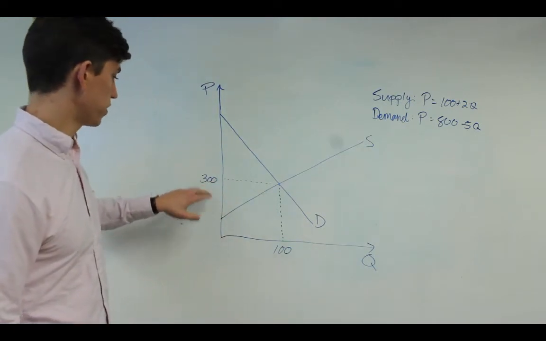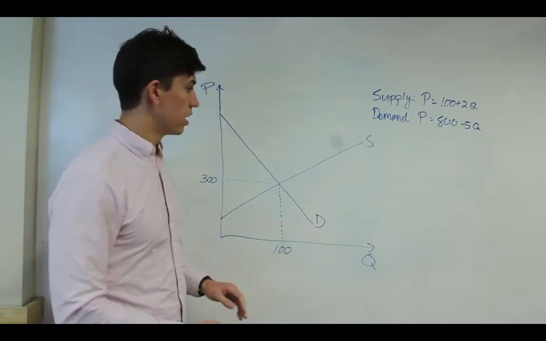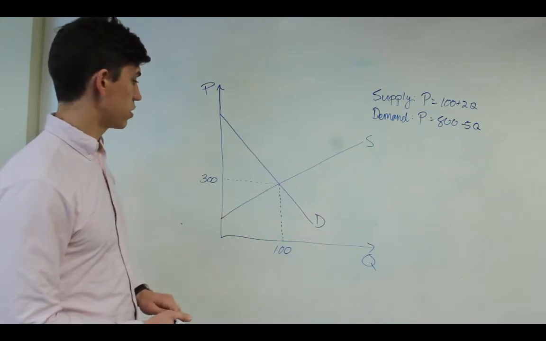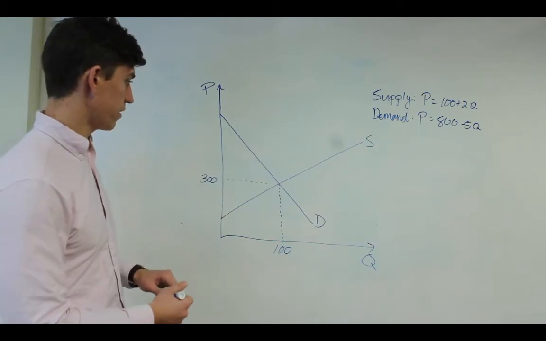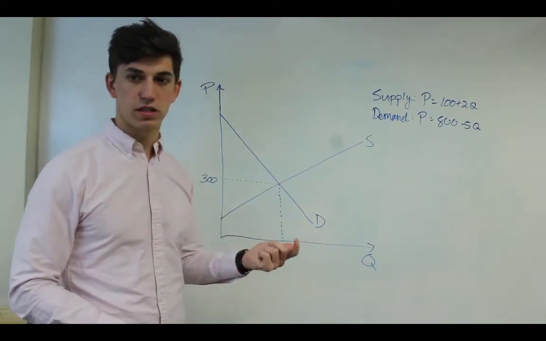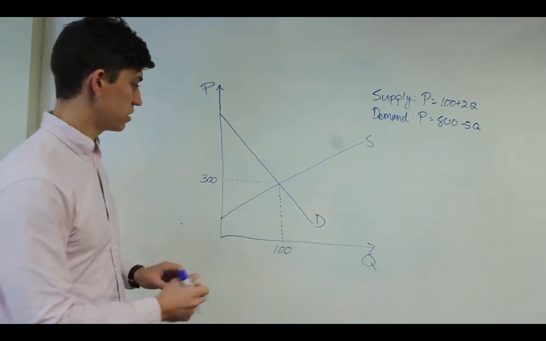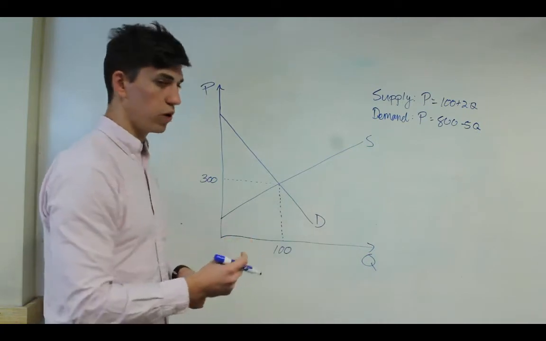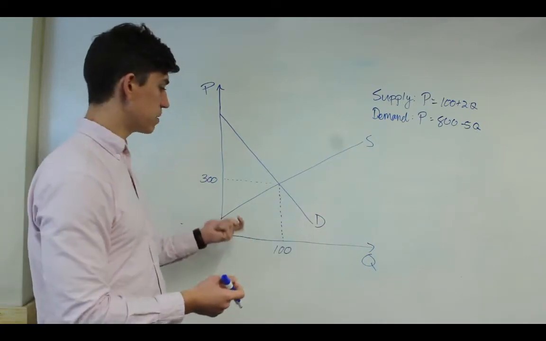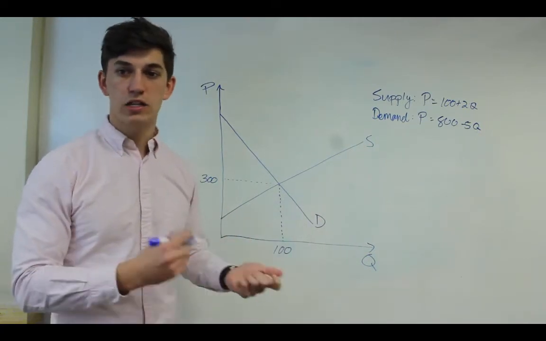So we solved for this equilibrium in an earlier video with that supply and that demand equation. So now we're going to talk about what the consumer surplus is in this situation. Remember that the demand equation represents how many units people are willing and able to buy at each price.